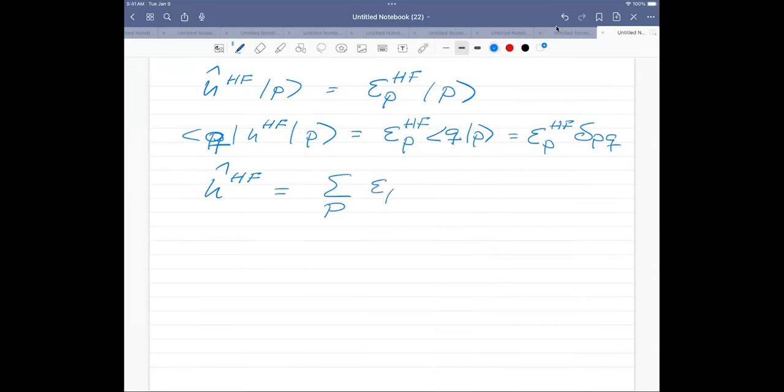And then I have the epsilon_p Hartree-Fock, and then I have my a_p dagger a_p. So I have now assumed that the basis I'm dealing with is an eigenbasis of this one-body operator.